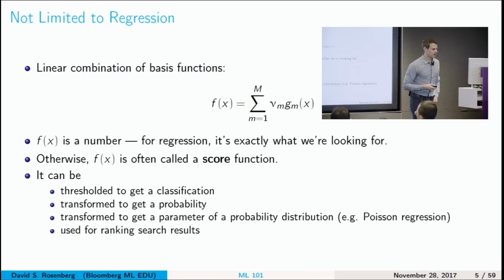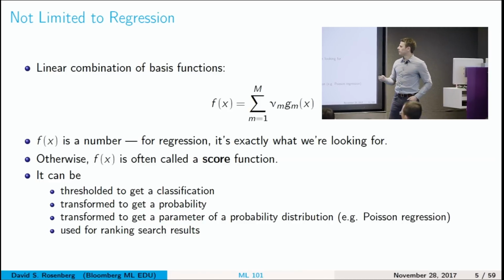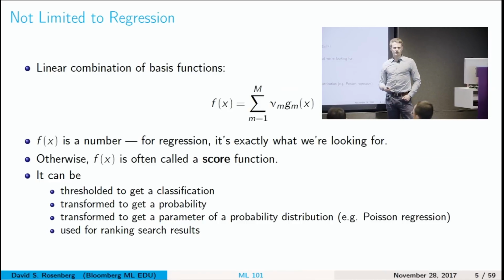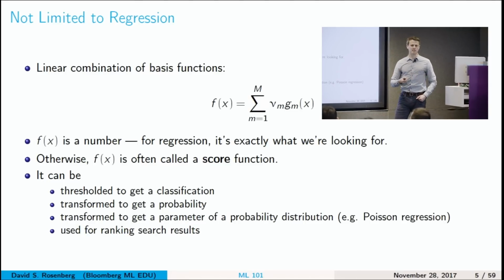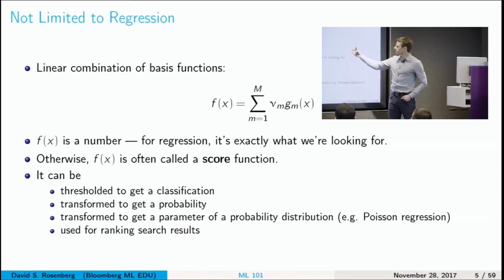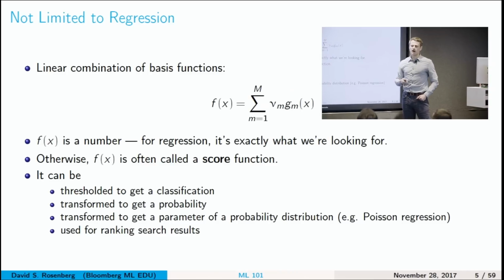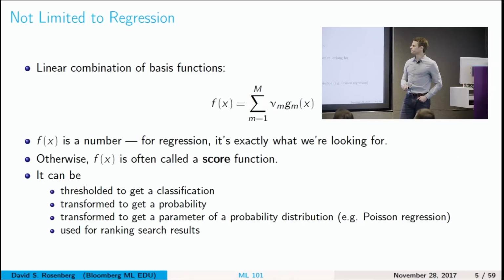So the point is that even though it seems like this score function would only be useful for regression, you can, via various transformations, use it in classification or probabilistic modeling, multi-class classification with multinomial logistic regression, different things. So this is a pretty widely useful hypothesis space, even though it's just real valued.